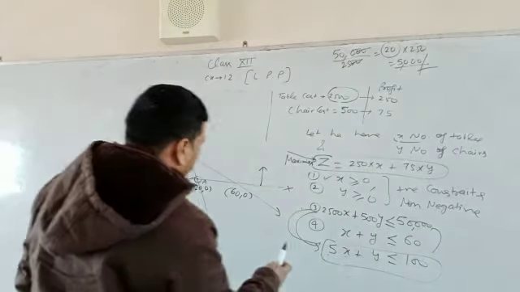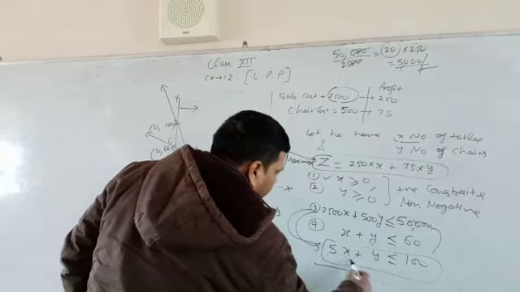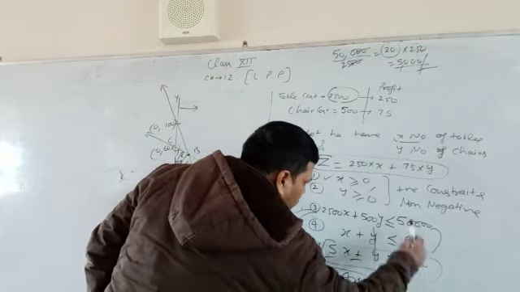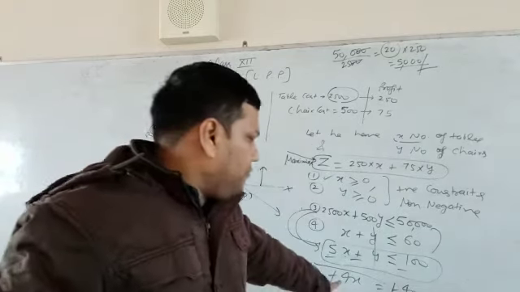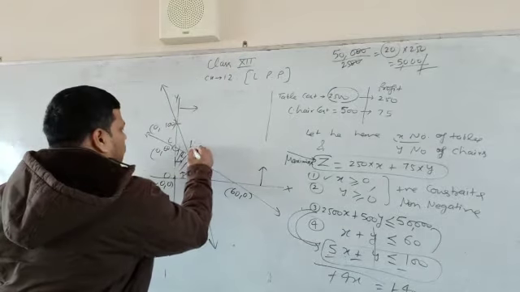If you subtract them, it will be minus 4x equals minus 40, so x is equal to 10.